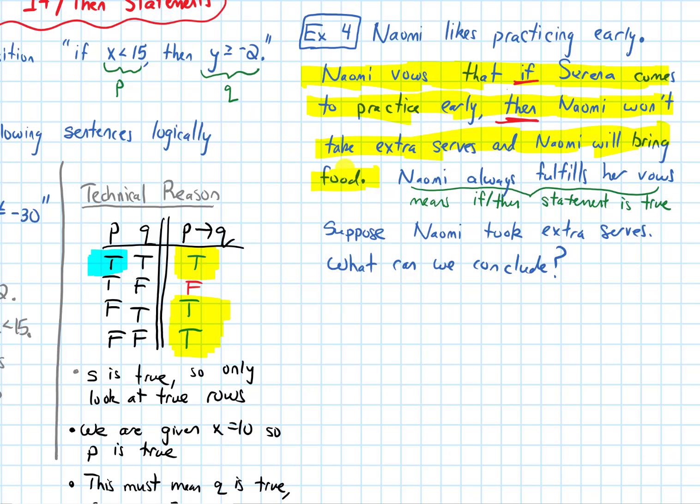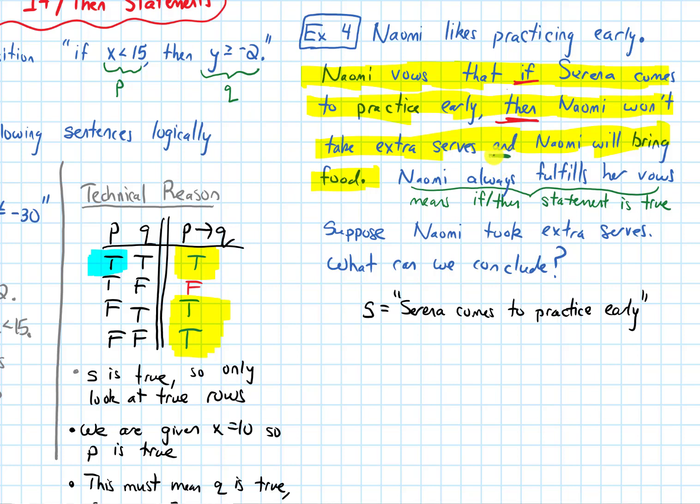All right, so at this point, let's start by assigning some labels to the different propositions that we see here. So one of the things is Serena comes to practice early. So let's call that S. S is going to be Serena comes to practice early. And then after the then, there's something and something.